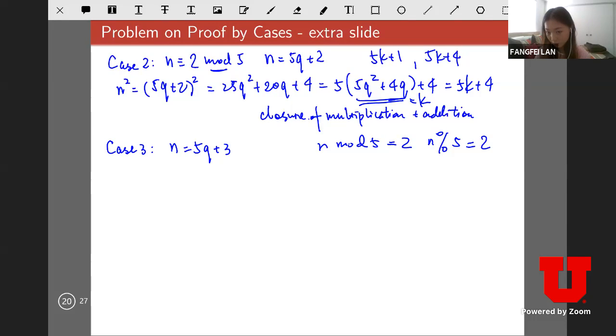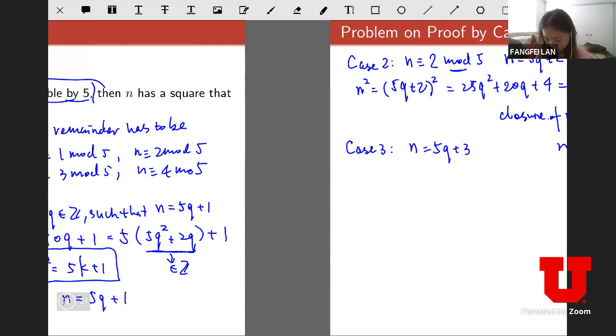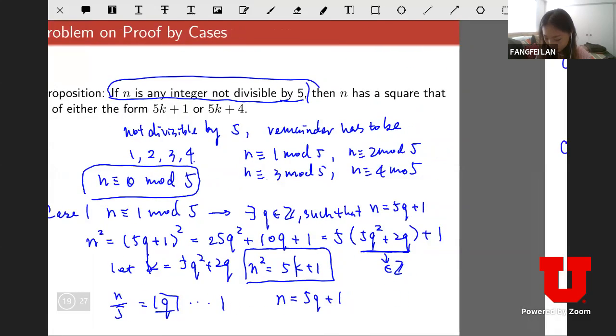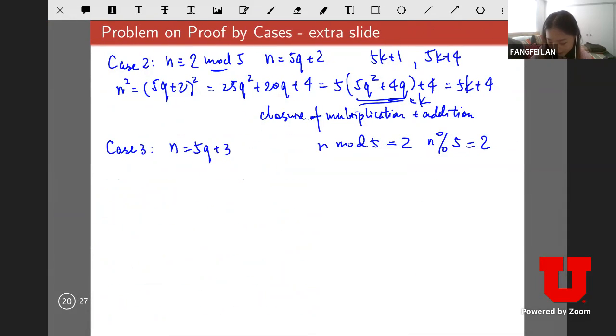Anyone want to continue with this? With case 3? Any volunteers? Why don't we clarify q is an integer? Yes, q is an integer. I did clarify at the beginning, but you can write this every time.